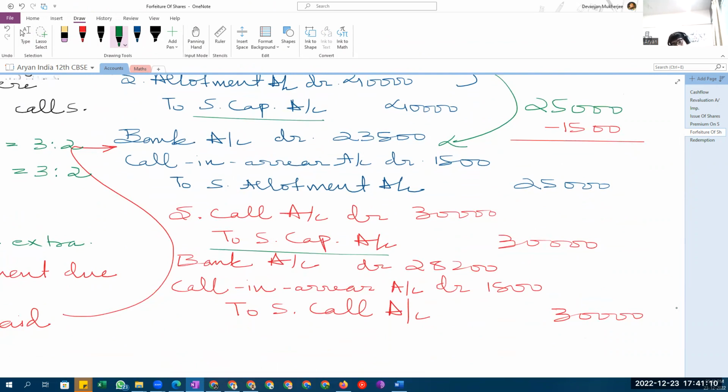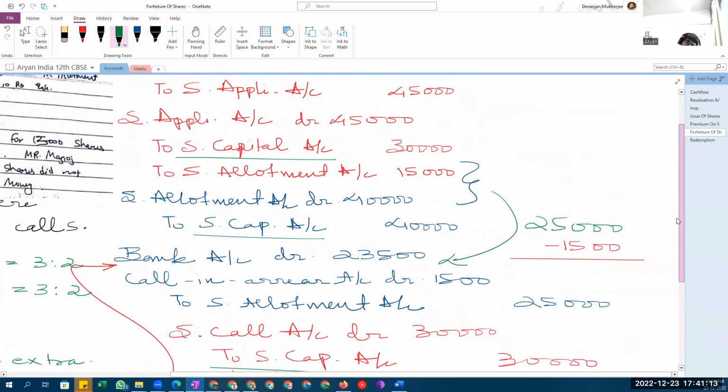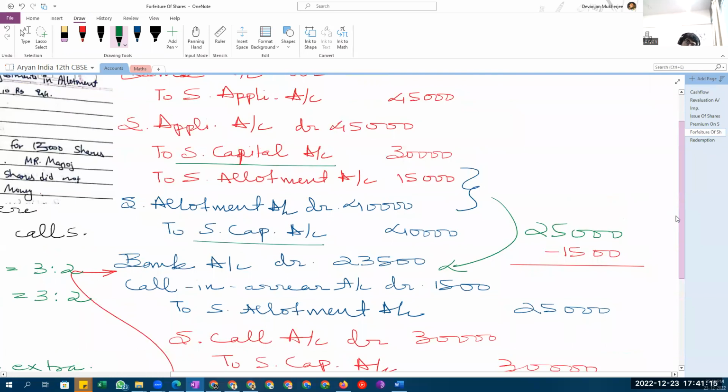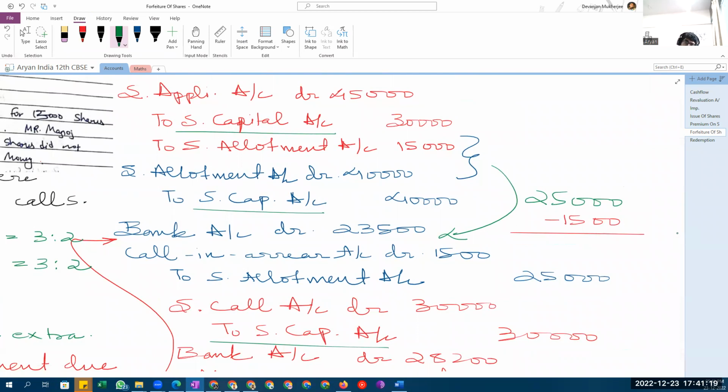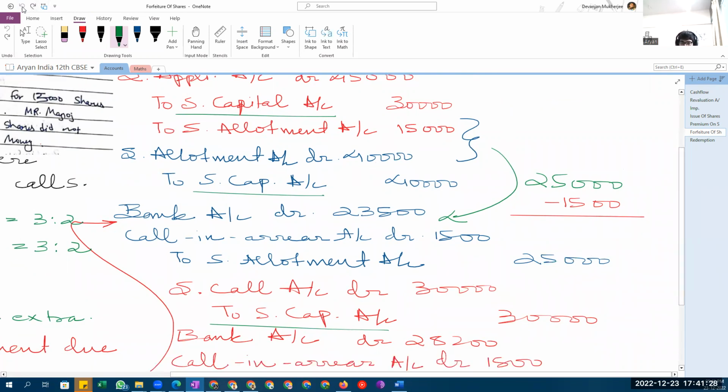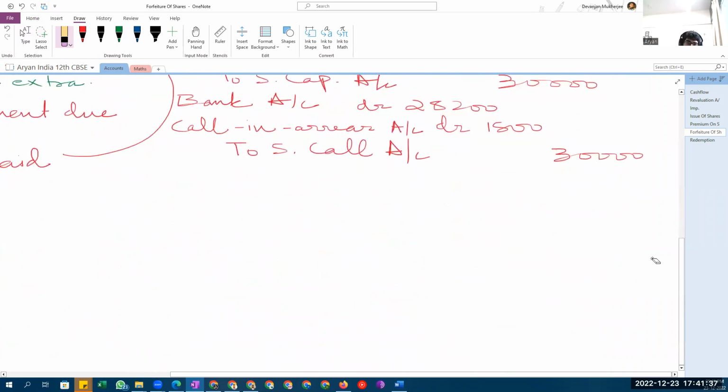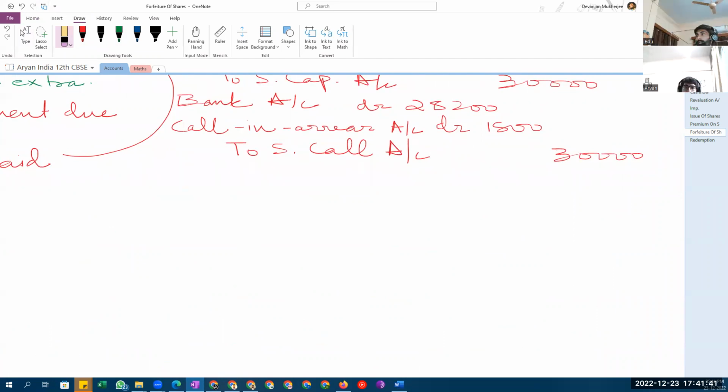In all of the 3 entries where the share capital is getting credited, I have put in the money of this Mr. Manoj. We have credited share capital with Mr. Manoj's money in all 3 places.